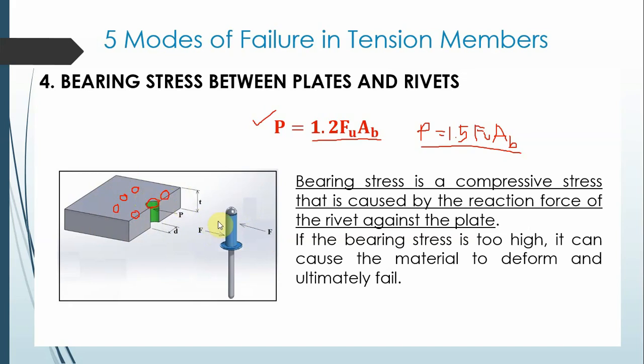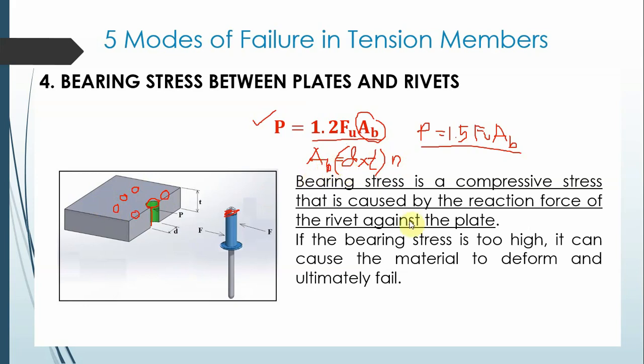So for this one, the A sub b is just base times height. Our base is the diameter times the thickness, times n, the number of bolts or rivets.